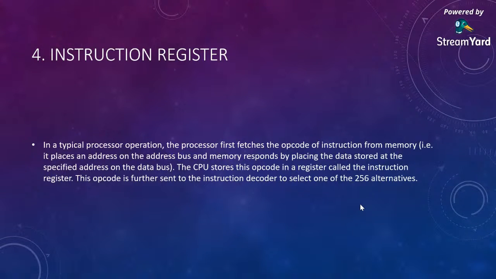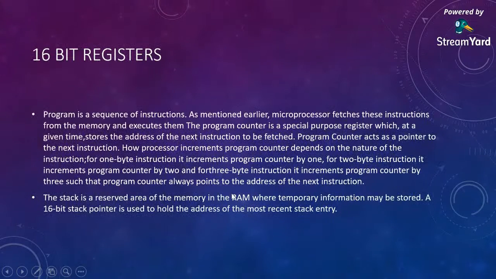It places an address on the address bus, and the memory responds by placing the data stored at the specified address on the data bus. The CPU stores this opcode in a register, which we call the instruction register. This opcode is further sent to the instruction decoder to select one of the 256 alternatives.